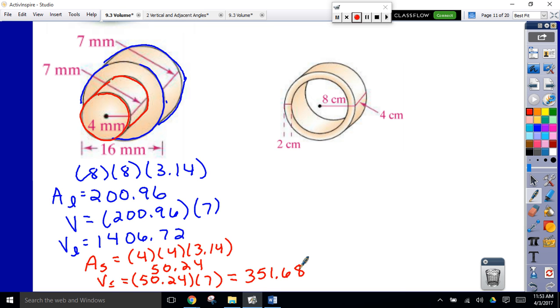Okay, now what do we do to find the volume of the whole thing, Taylor? Just add them together. And what do we get when we add them together?